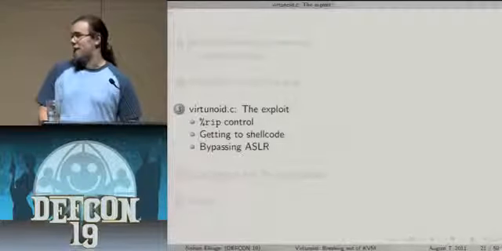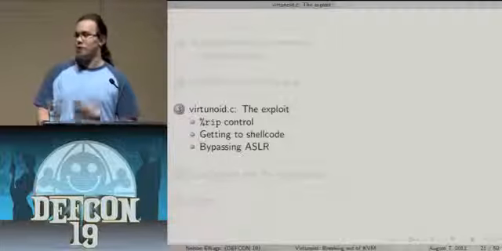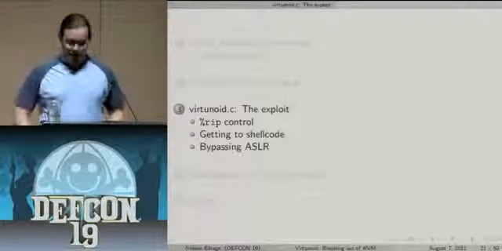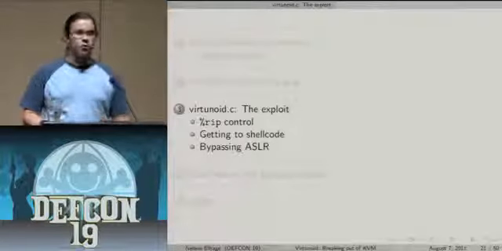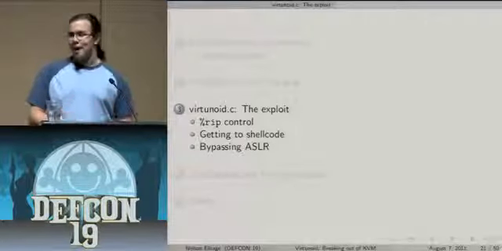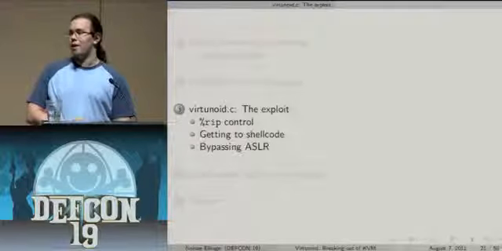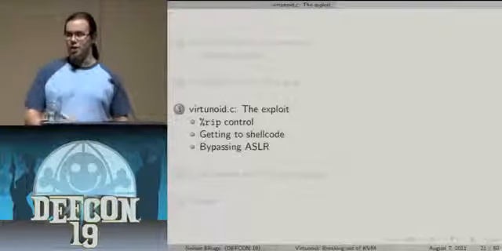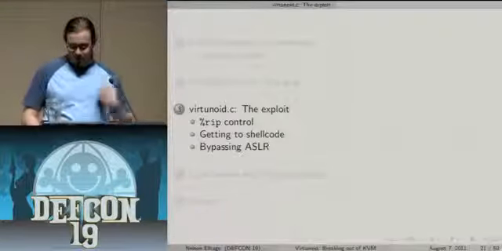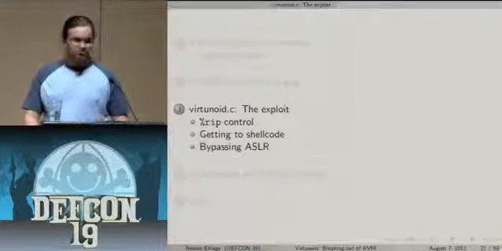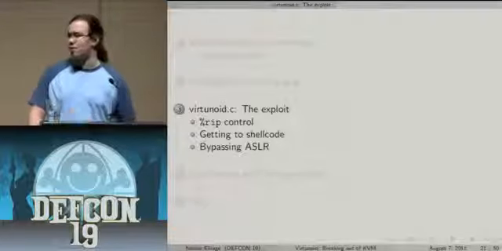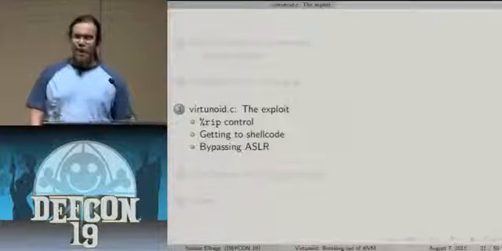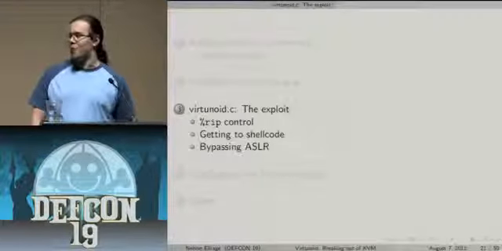And then once we have that, how do we leverage that into executing arbitrary shellcode inside the guest? I will have talked about those two assuming that I can guess addresses in the QEMU KVM process, i.e. that there's no address space randomization and that I can predict addresses. And then we'll talk a little bit about what we have to do to get rid of that assumption, to work on a process with a randomized address space like KVM is going to be in the wild on any real deployment.